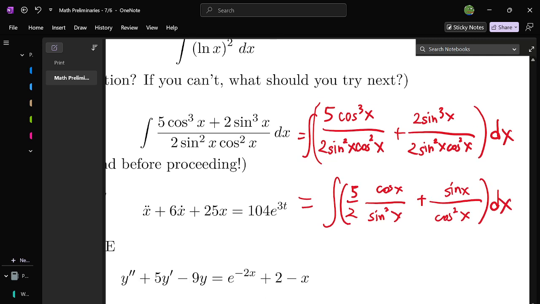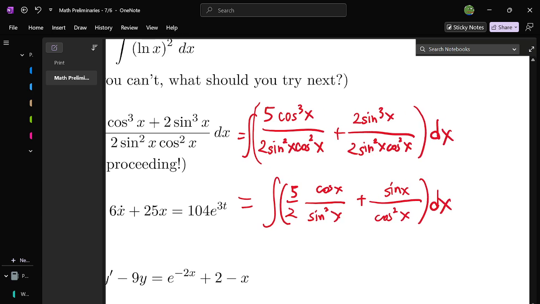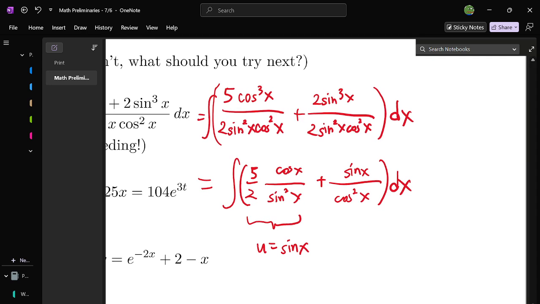At this stage, you see that you have two separate integrals. Each one of them is in terms of cosine and sine only. So we can evaluate both of these separately. For this one, as I mentioned, we can use a u substitution by letting u be that something in the denominator. In this case, I'll let u equal sine x.